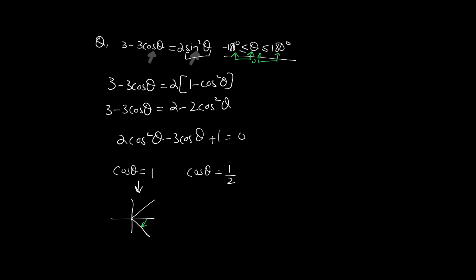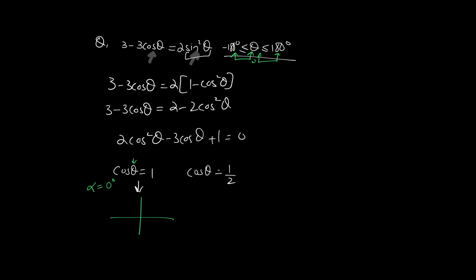Now let's find the basic angle. Cos inverse of 1: cos of what is 1? Cos of 0 is 1, so the basic angle is 0. So what you can do is correct this diagram, correct the sketch. You know that the basic angle is 0, right?